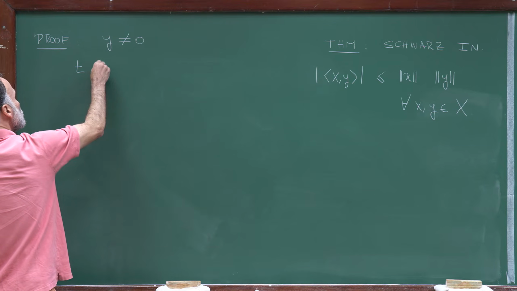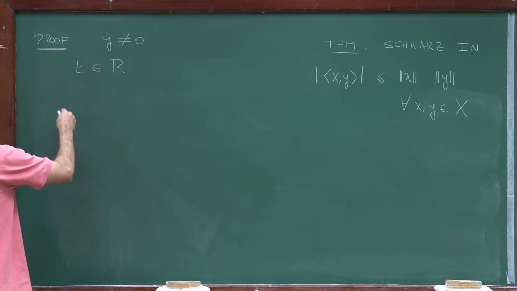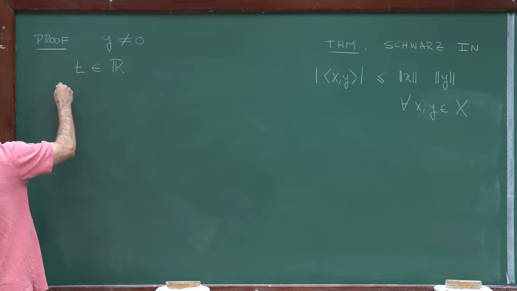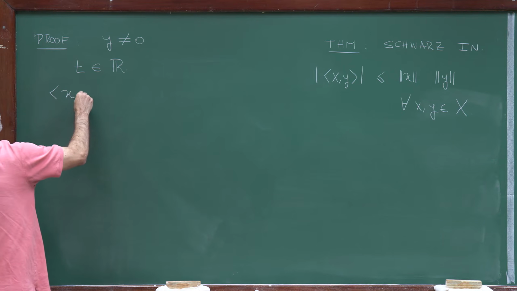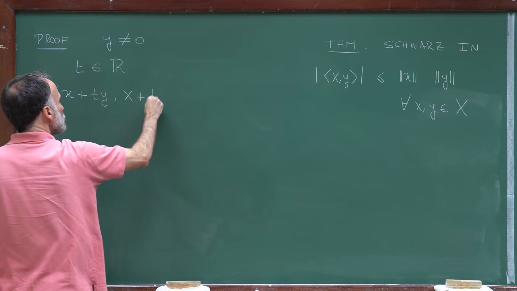Now let me take t a real number, and let's compute the scalar product of x plus ty with x plus ty.